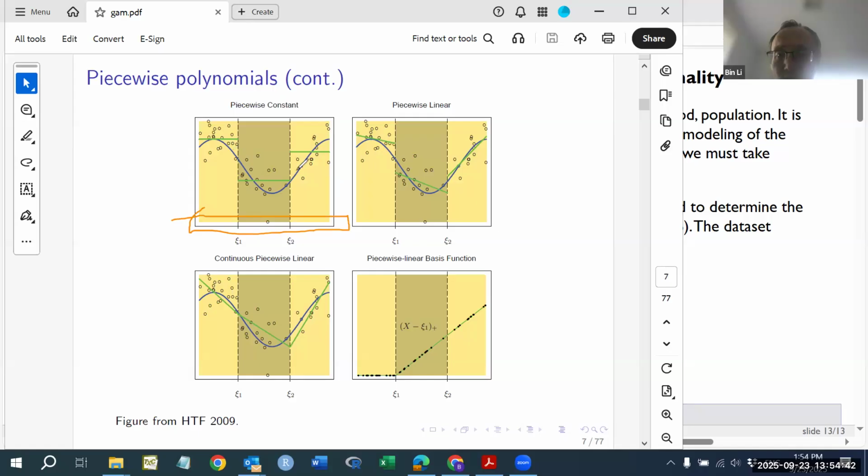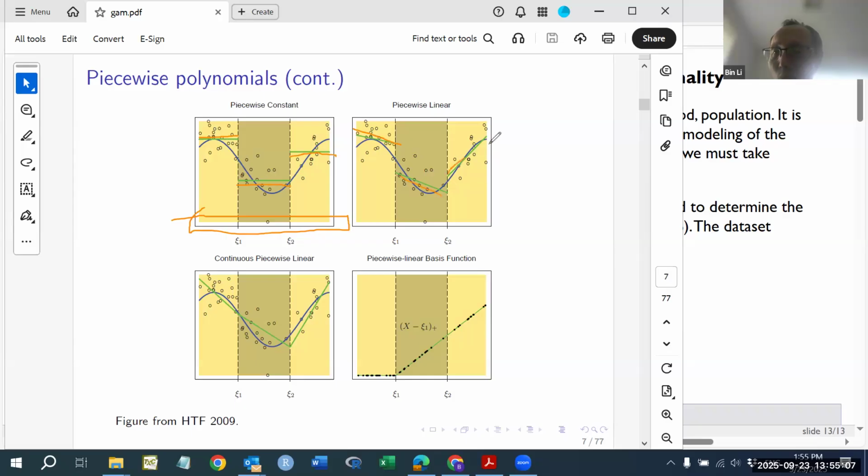The circles in the background are the observed data points. Instead of fitting one global model, I fit piecewise constants. So that's one way. But is that a good model? No, it's not.